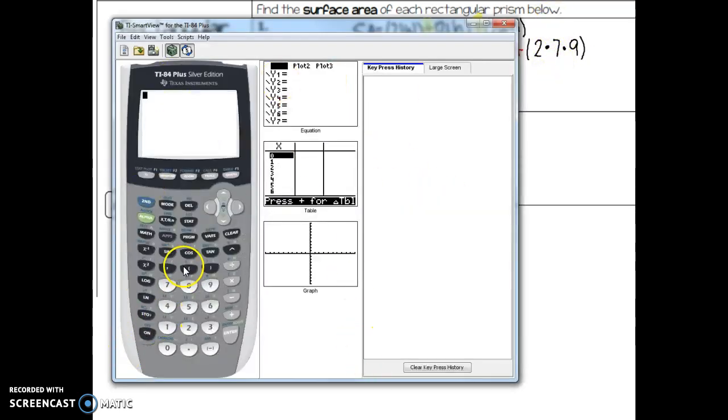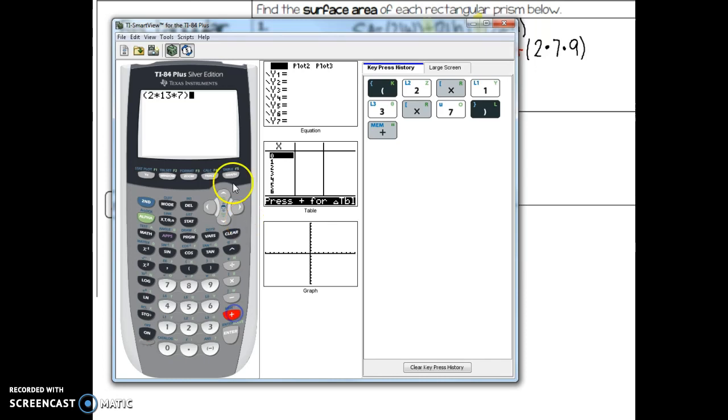So we pull up our calculator, we say parentheses 2 times 13 times 7, close it. Super important for you to put this plus sign. And then say parentheses 2 times 13 times 9, close it.